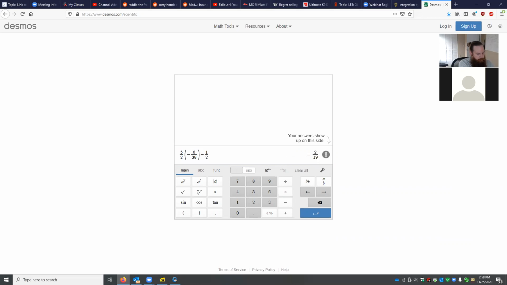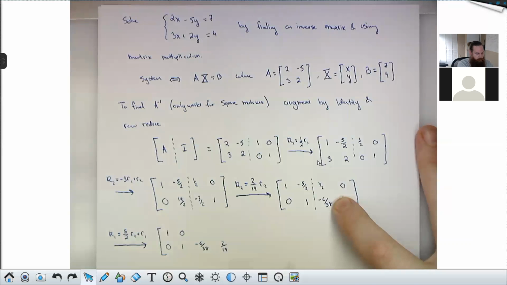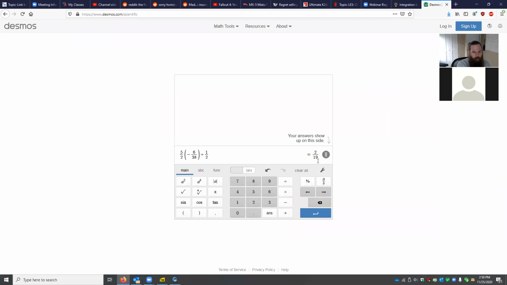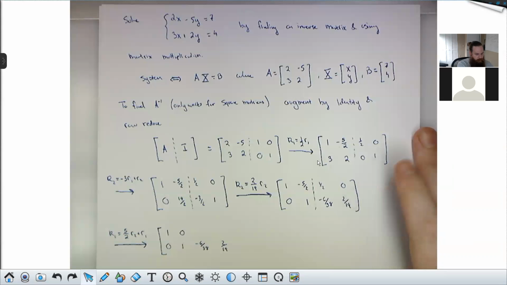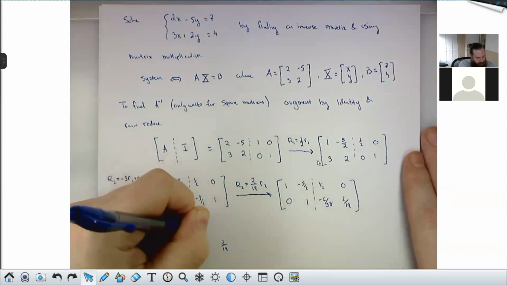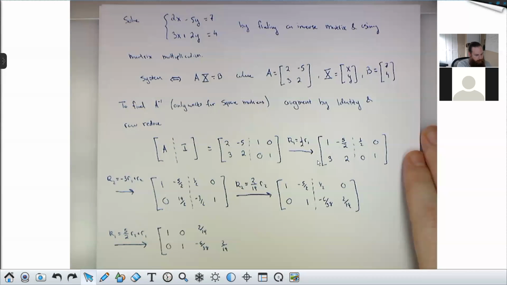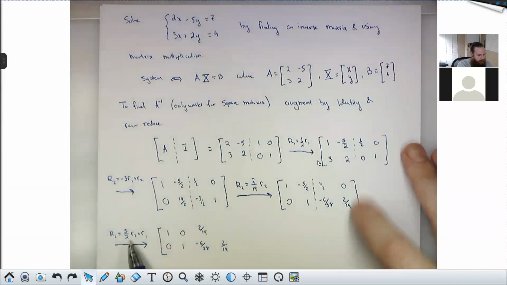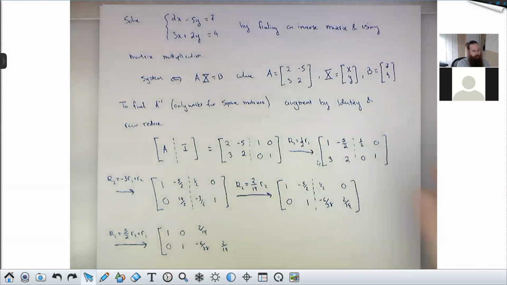So come back here. 5 halves times this plus this, that's the thing we just computed, is 2 over 19. So what goes here is 2 over 19. And then the last thing we need to do is 5 halves times this plus this.